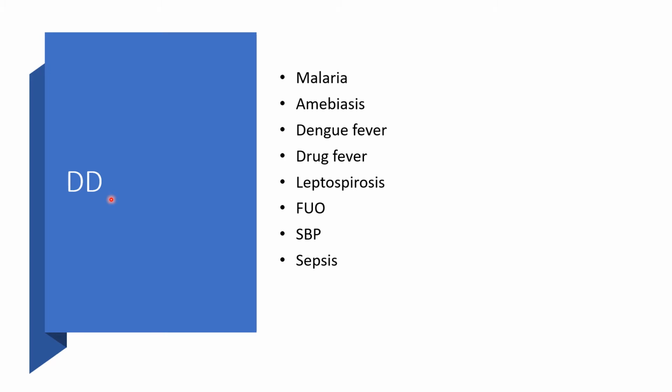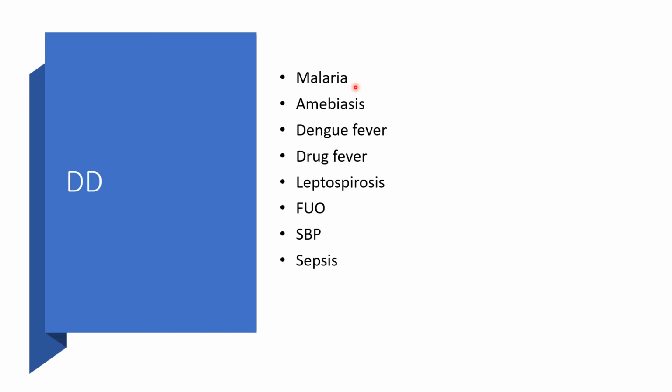Differential diagnosis of typhoid fever. Like while explaining the other time, I alluded to the fact that malaria might be present. Malaria may present like acute psychosis in cerebral malaria. You can check my channel for cerebral malaria already published.